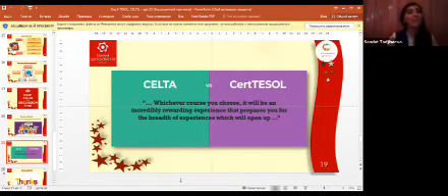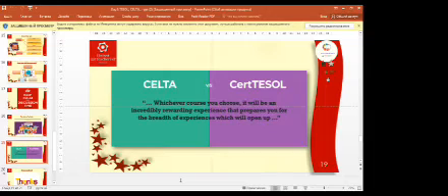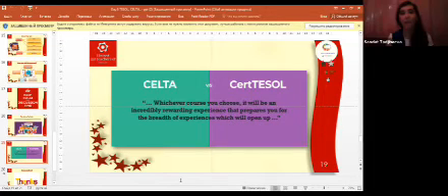So please don't think that Celta is better than Tesol or Tesol is better than Tesl. They all have their own advantages, but none of them can replace an MA diploma. An MA diploma plus one of these certificates means you are a certified and qualified teacher of teaching English to non-native speakers.